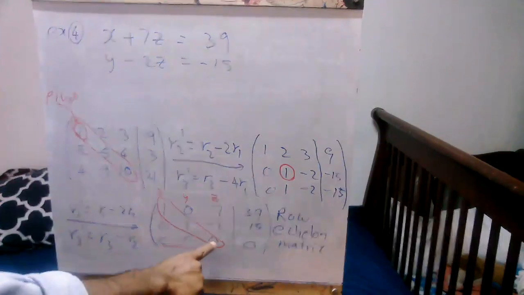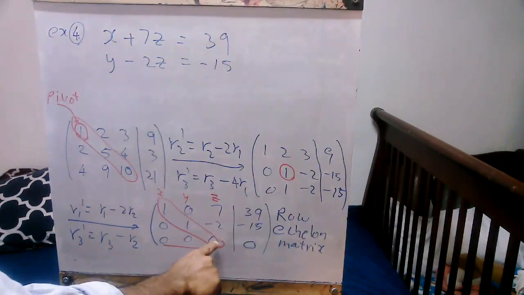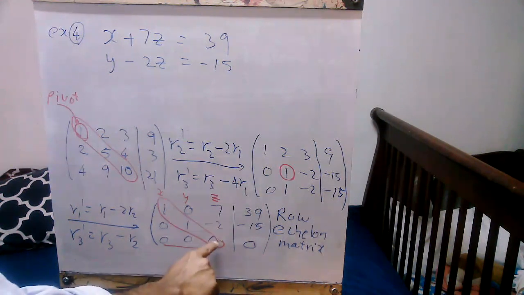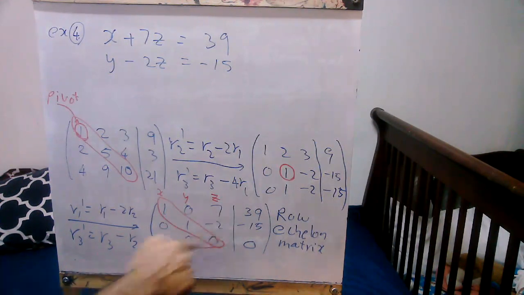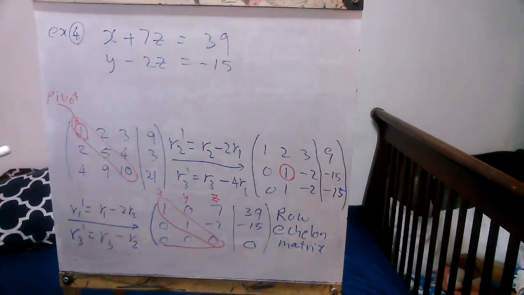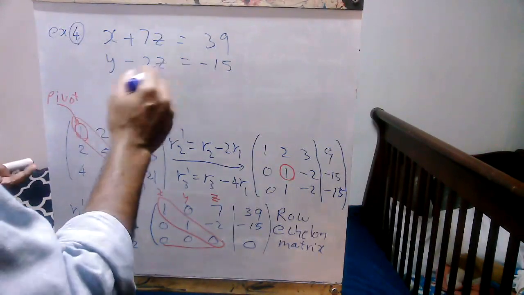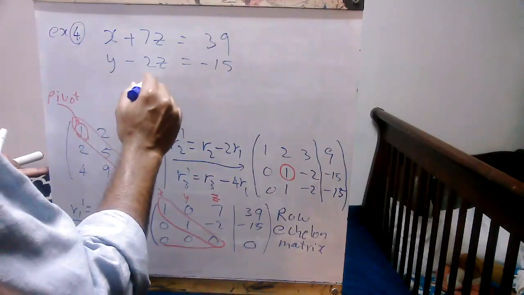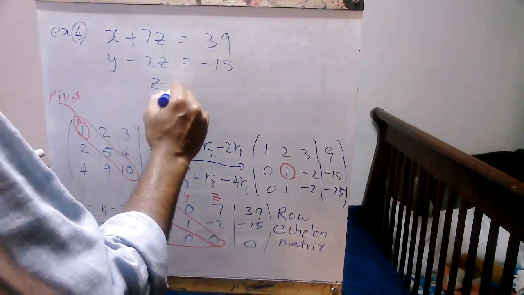Now the one that corresponds to z is missing. Instead we have 0. So for that we say z equal to k, right? This is z equal to k.